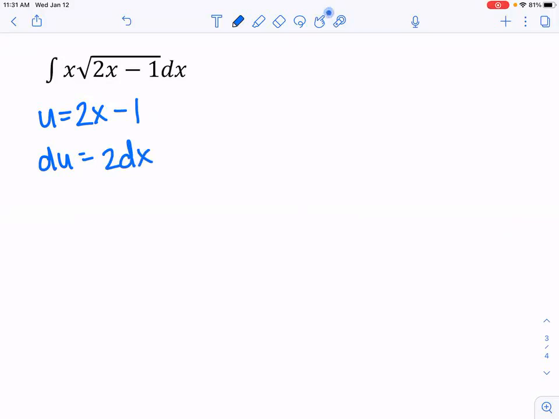That's really unfortunate because we don't have anything to substitute for that x. So this is what's happening here, people. Right now, we have the integral of the square root of u, dx is 1/2 du, but we haven't replaced that x on the outside.